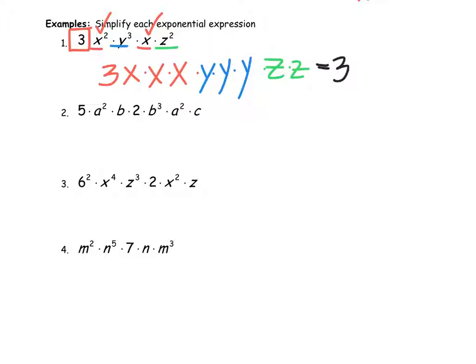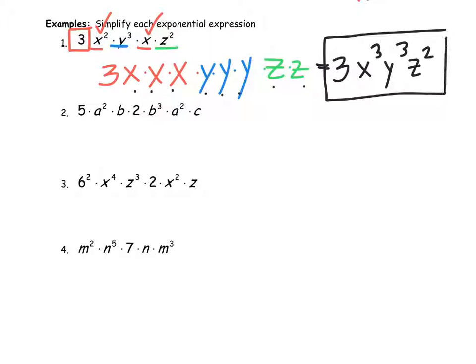I'll count how many x's I have. 1, 2, 3. That's x cubed. Then the y's. 1, 2, 3. That's y cubed. And then 2 z's. That's z squared. I know this is simplified because x only occurs once, y only occurs once, z only occurs once, and any coefficients I have are out front.